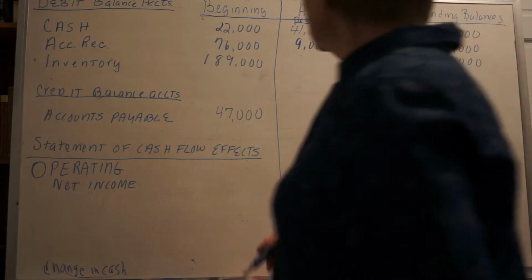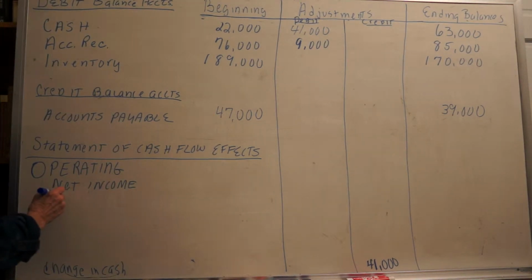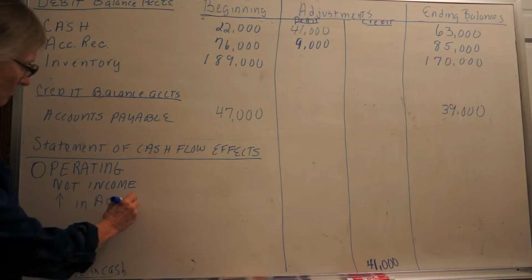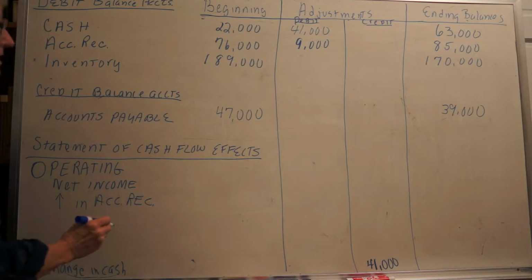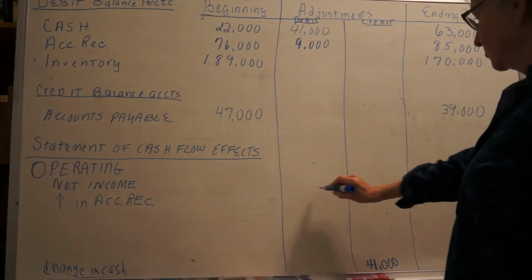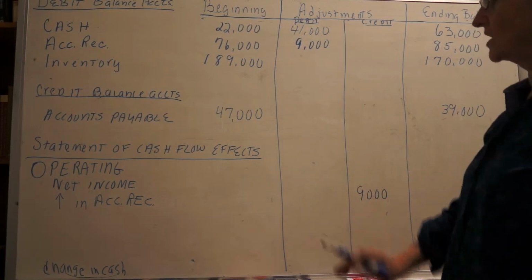So we're going to go to the operating section and just tell what happened. And you can just do something like this. We had an increase in accounts receivable. Okay? Now, it was a debit entry up above, so we make a credit entry in the statement of cash flow effects.